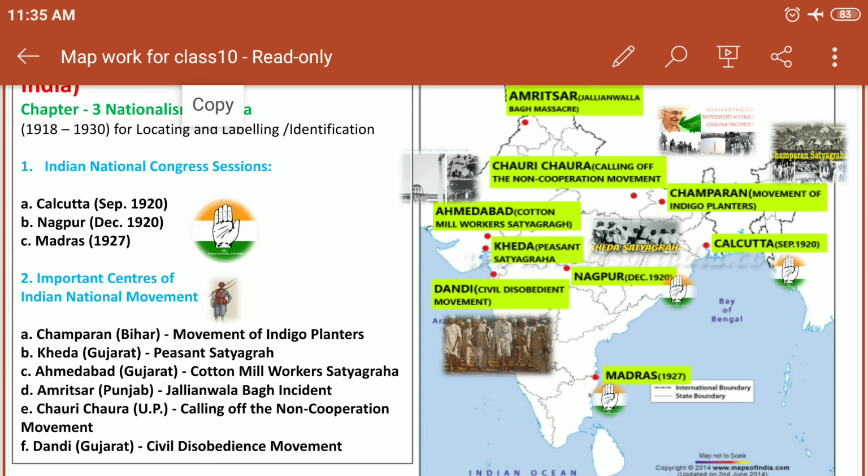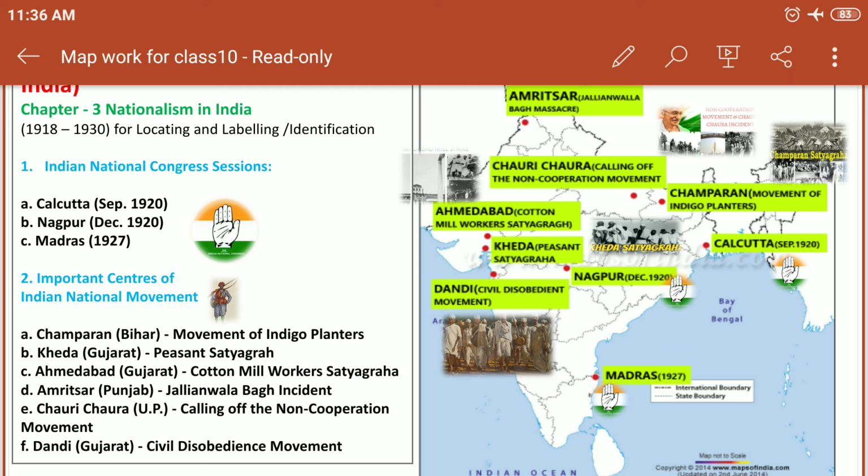One place in Punjab, that is Amritsar, the Jallianwala Bagh massacre. One place in Bihar, that is Champaran, the movement of indigo planters. One place in Uttar Pradesh, that is Chauri Chaura, the calling off of the non-cooperation movement.